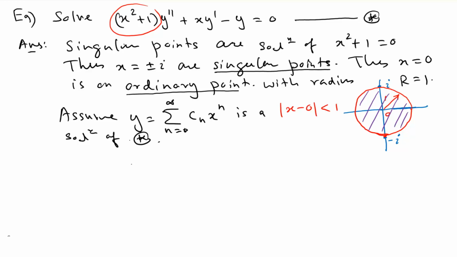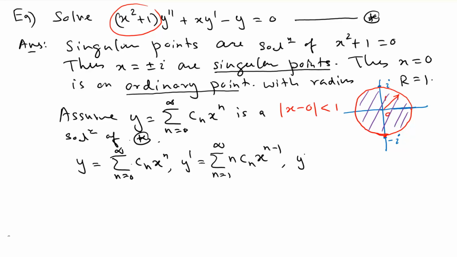So we're going to take the derivatives and plug in. Then we have y equals sigma n going from 0 to infinity cₙxⁿ, then y prime equals sigma, which can start with n equal 1 to infinity, n cₙxⁿ⁻¹, and then y double prime, which starts with n equal 2 to infinity, n times n minus 1 cₙxⁿ⁻².